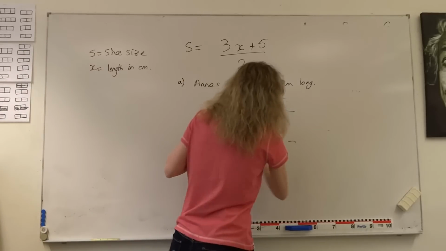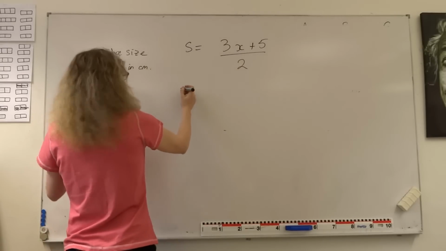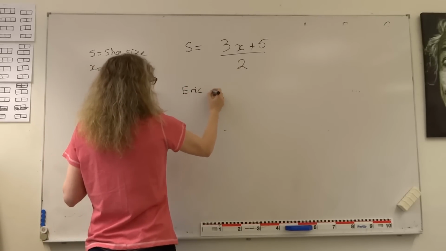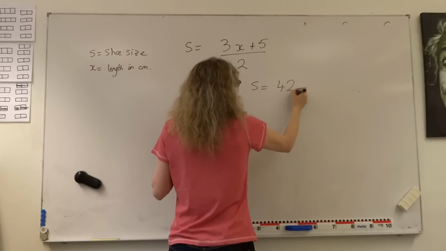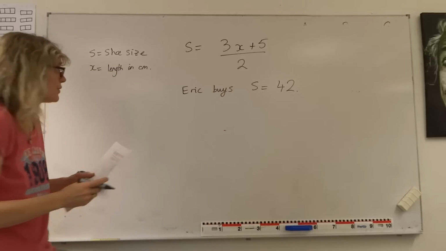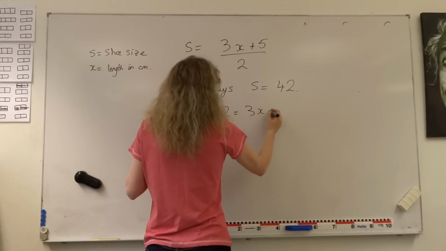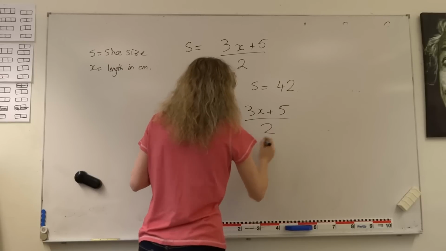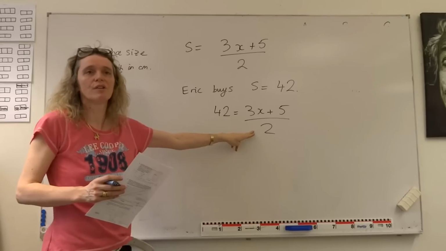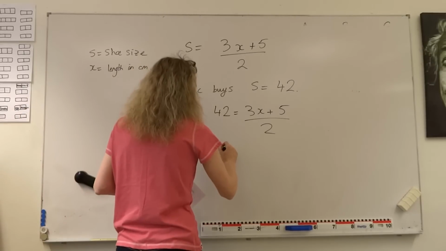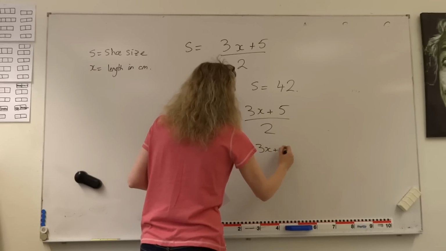Size 37. Then the next one is they tell you that Eric buys size 42. What's the length of Eric's foot? Well, we're going to get that 42 is 3x plus 5 divided by 2. Multiply both sides of the equation by 2, you get rid of the divide 2 there. So you get 42 times 2 equals 3x plus 5.